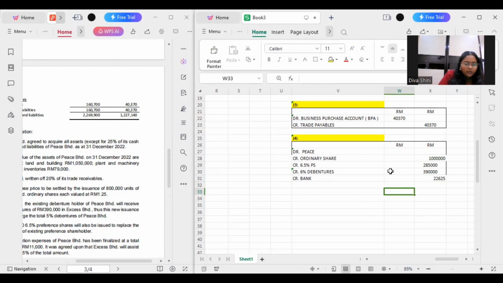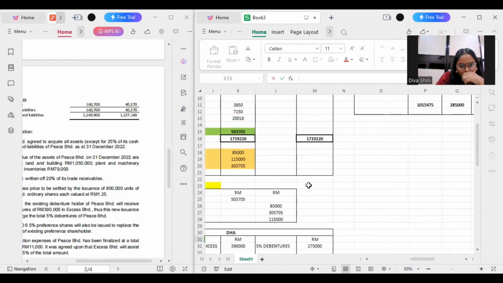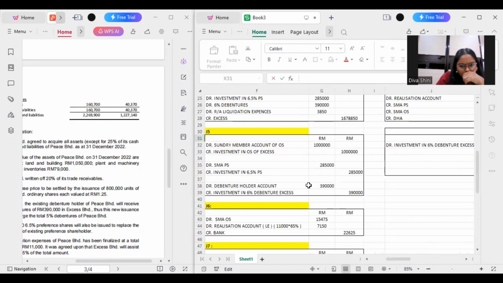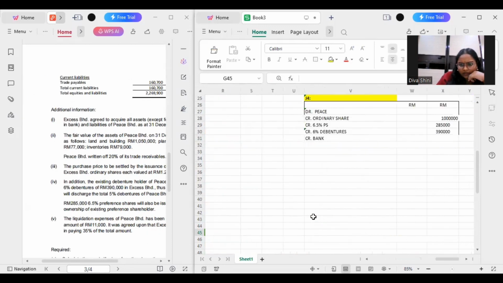So the answer will be bank. Oh, sorry. Yeah, for journal 4 bank, we need to take it from this. So we need to calculate this 11,000 times 65.